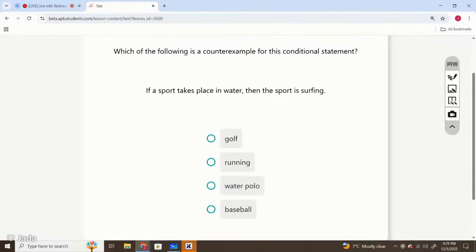If a sport takes place in water, then the sport is surfing. So, which is the correct option?